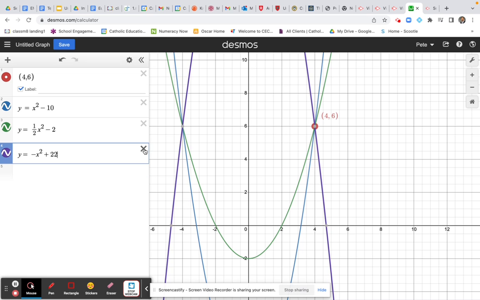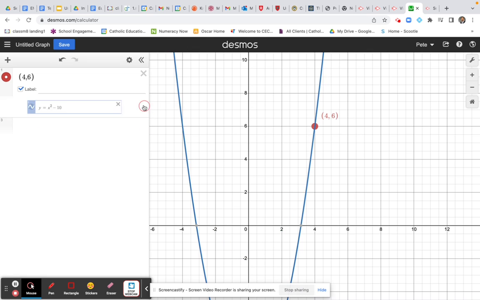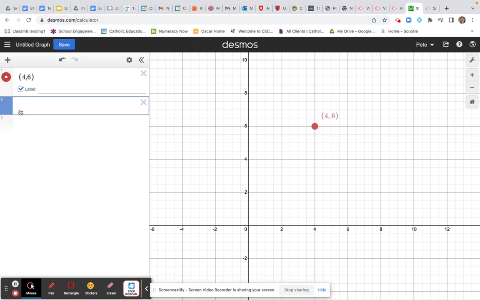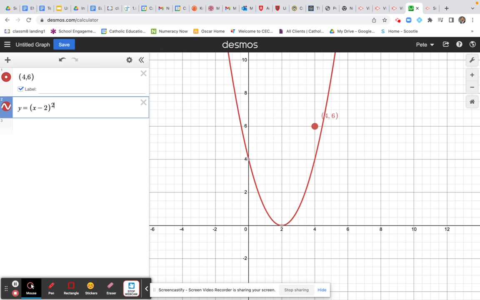If we get rid of some of these, we could even be really tricky, I guess. And let's do y equals, let's do something like x minus 2, all squared. There's a parabola for you, a bit different. And at 4, this looks like it's 5 here. What would it be?